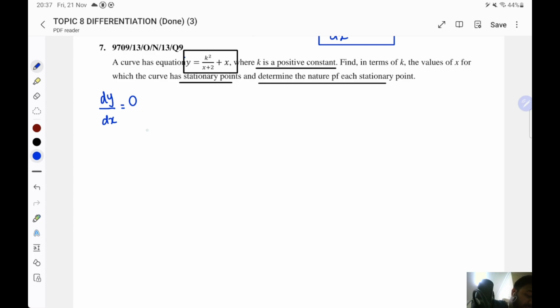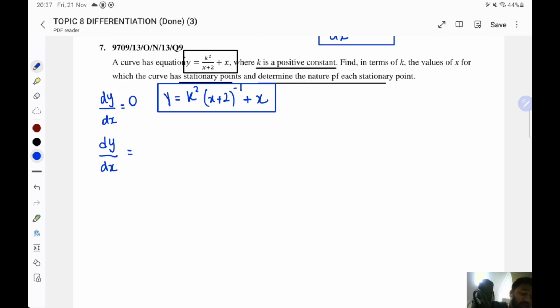For finding the derivative, let me bring the functions to the numerator. It will be k squared times (x plus 2) to the power of minus 1, plus x. This is the function I am going to differentiate. So it will be dy by dx. How do we do the differentiation? We bring the power before the bracket, so k squared remains as it is, multiplied by the power of the bracket, which is -1.